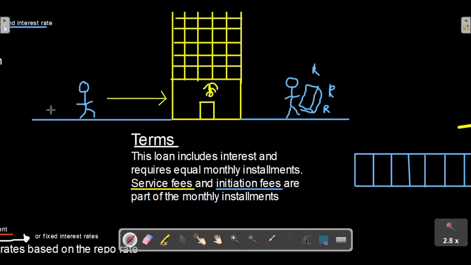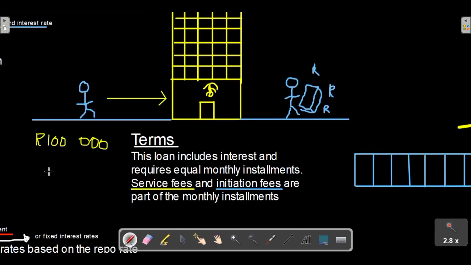Just to make it easy, let's use smaller numbers. Let's say you borrow 100,000. Now, as I said, terms differ.